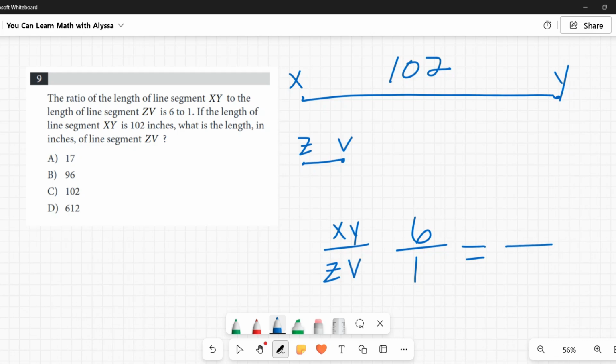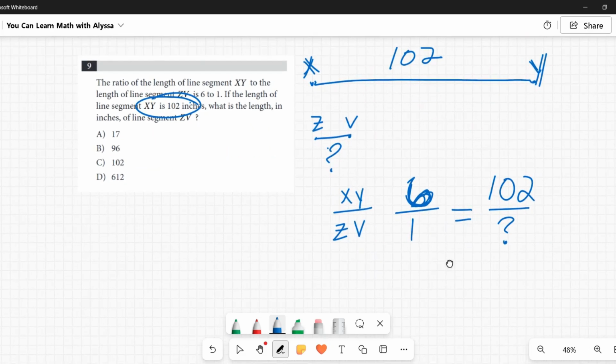So over on this side of the proportion, now that I know the actual length of segment XY is 102, since this 6 represents XY in this ratio, then the 102 also needs to go on top because that 6 is on top. Both of the things representing XY have to be on top. Now ZV is my unknown. I don't know what that is. And since I already have an X and a Y and a Z and a V, I'm just going to put a little question mark here instead of using yet another variable.